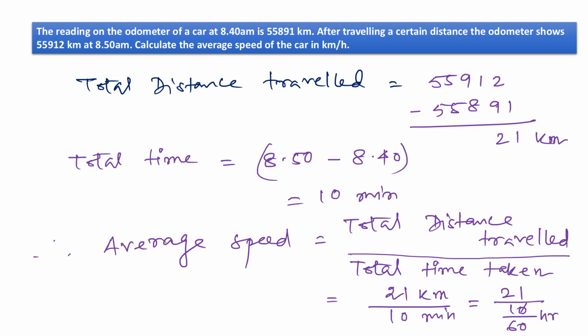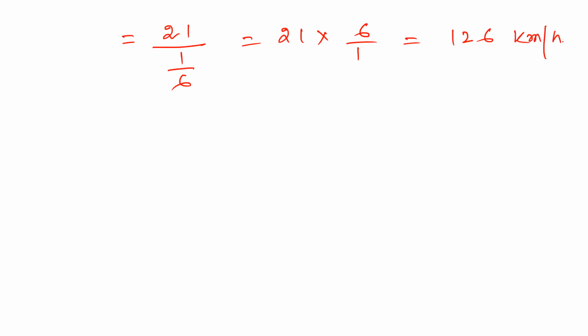The zeros will be eliminated, right? So in the next page we'll see. So the answer I'm getting is 21 divided by 1 by 6. That means 21 multiplied by 6 by 1, and it is equal to 6 ones are 6, 6 twos are 12, that is 126 kilometer per hour.